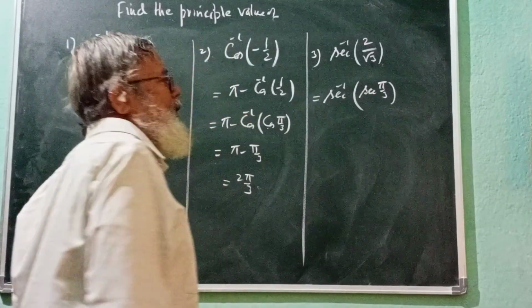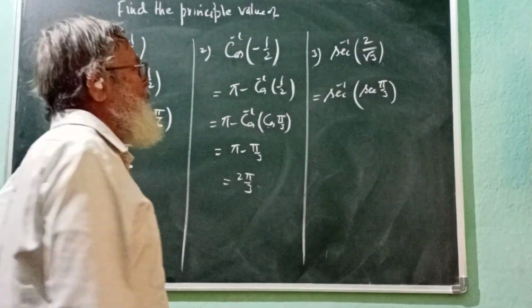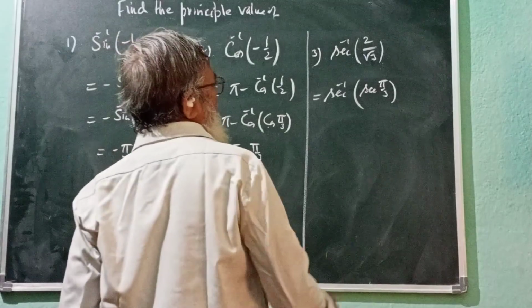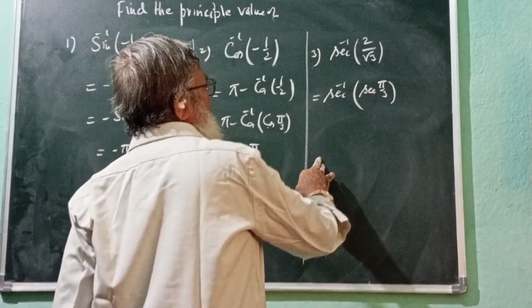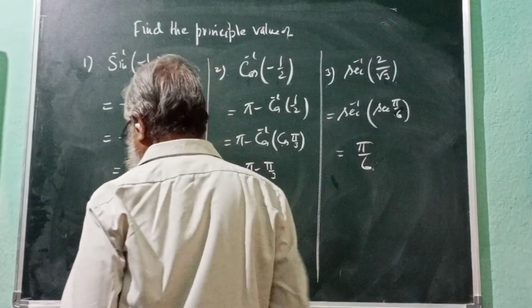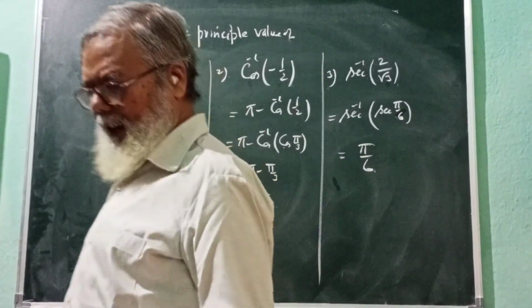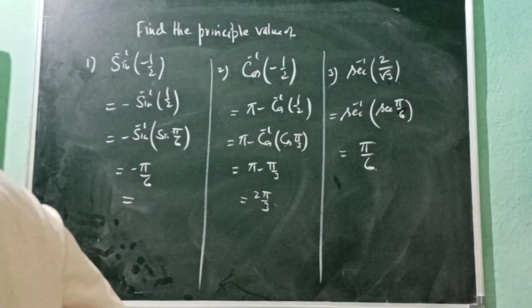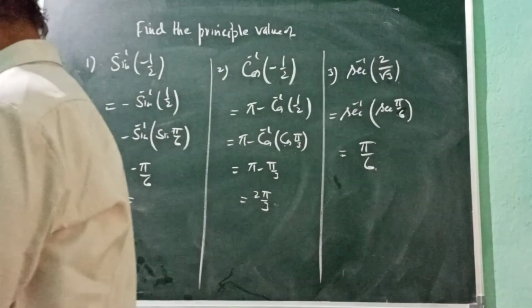Sec 60 is equal to 2 by root 3. So therefore it is pi by 6. Now they cancel each other, it is pi by 6. So these are the simple equations of this trigonometric function.